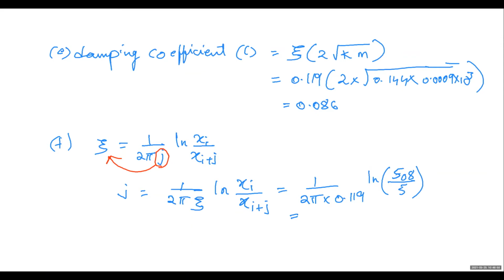So how many cycles? The j value from this, ln of 508 reducing to 5 mm, it should come to 6.18.